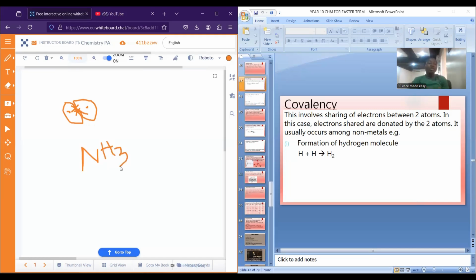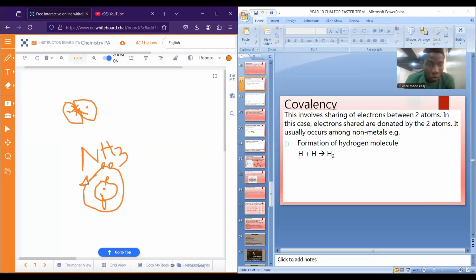So when nitrogen and hydrogen combine together, nitrogen is number 7, that is 2,5. Now, how many hydrogens? 3 hydrogens.